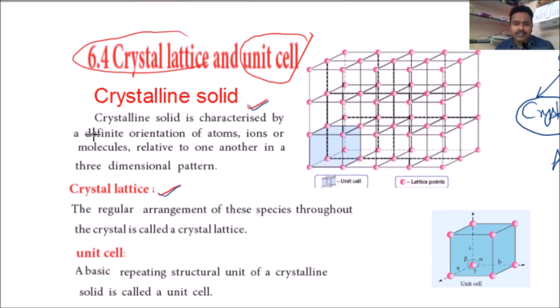This is the definition directly from the textbook. A crystalline solid is characterized by definite orientation of atoms, ions, molecules relative to one another in a three-dimensional pattern. You see, this is a three-dimensional crystalline solid, or otherwise a crystal.